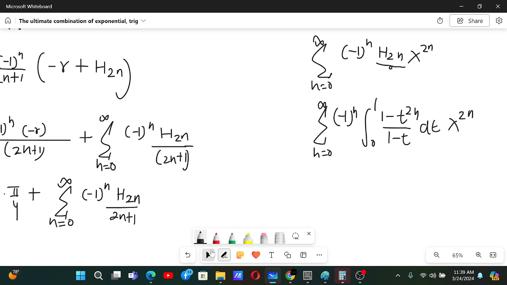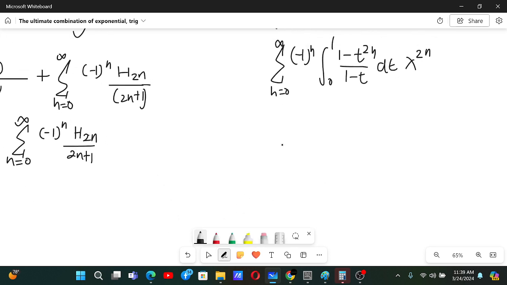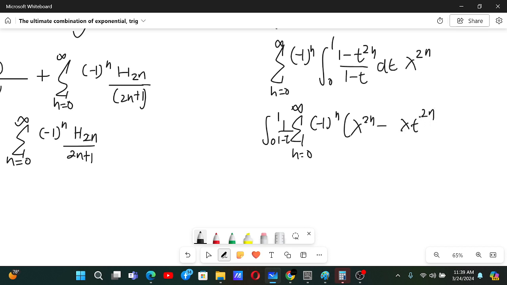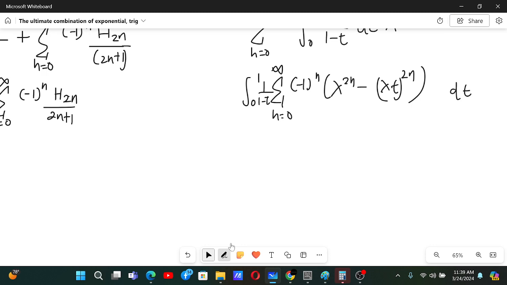Then, integral from 0 to 1 of the sum from n equals 0 to infinity, we have (-1)^n, 1 by 1 minus t, and over here we have x to the power 2n minus (xt) to the power 2n, and then dt.